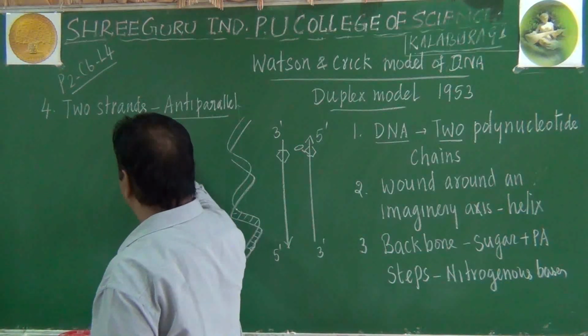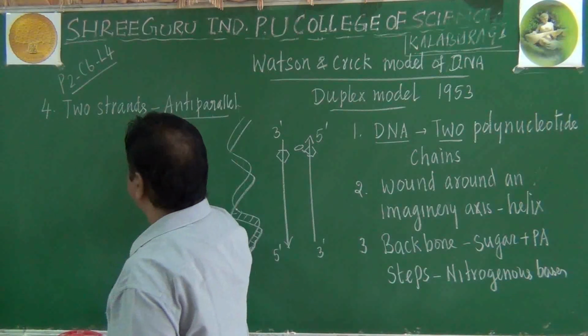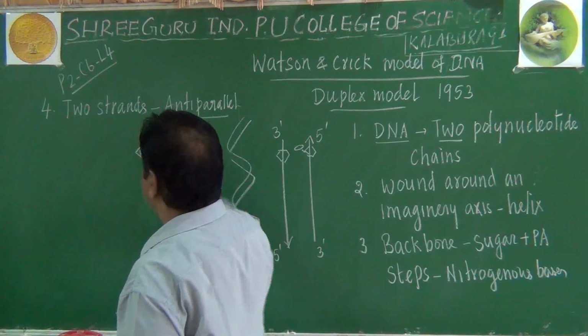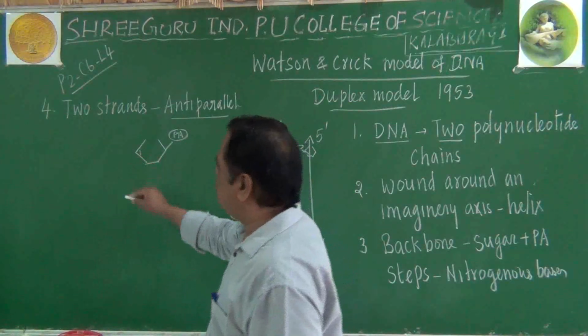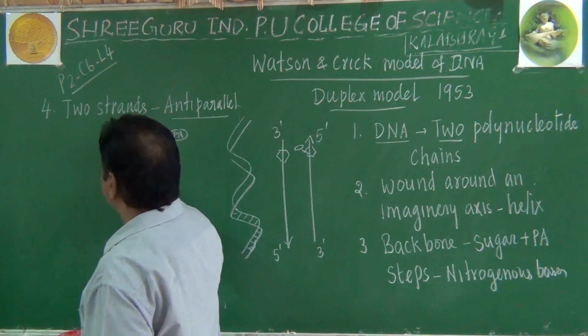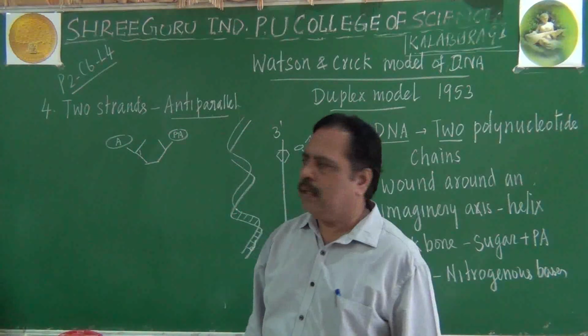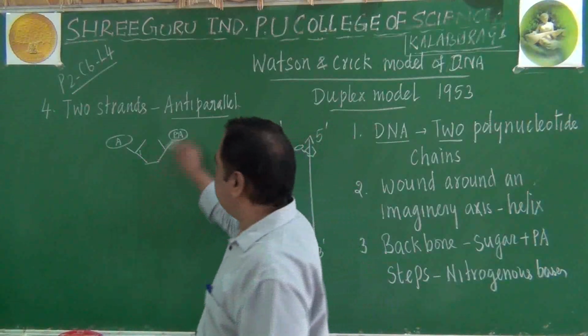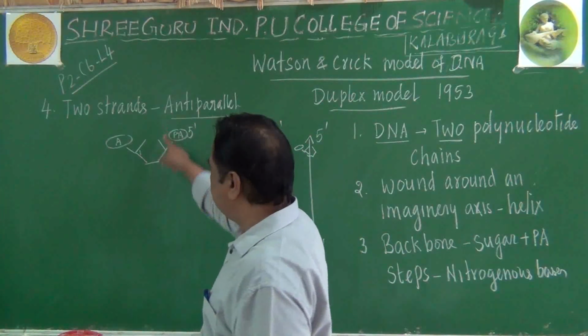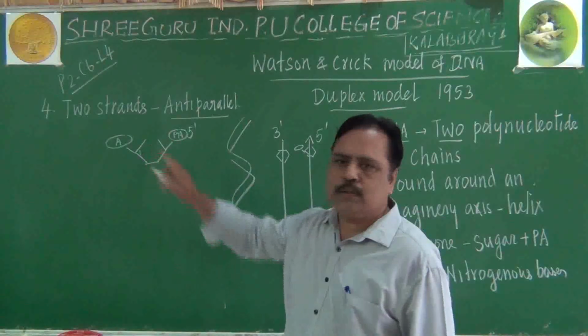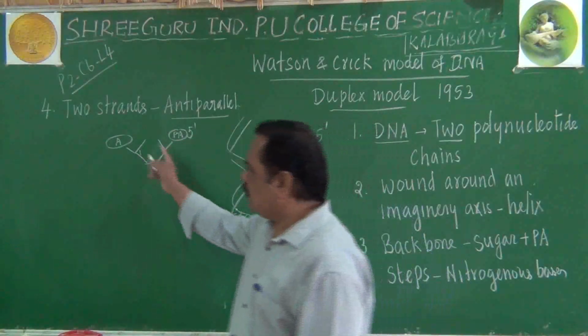Imagine, this is one sugar molecule, where the first carbon atom is here, the fifth carbon atom is here with the phosphoric acid. With the first carbon atom, there will be a nitrogen base, adenine, we shall say here. This is one chain. Here, the fifth carbon atom is vacant, so the 5' end it can be called.